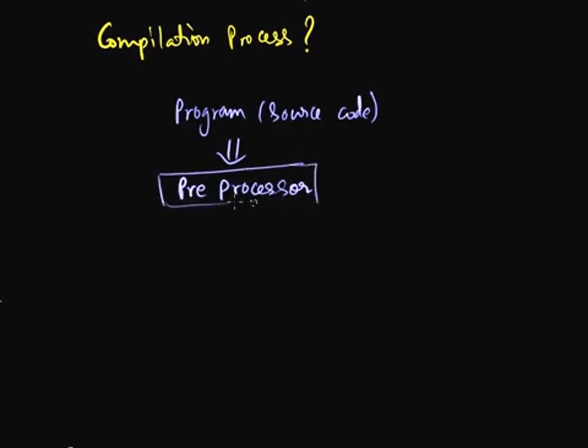Please notice that I am drawing system programs, or the programs which process our source code, in blocks. Right? Now the preprocessor outputs something called the expanded source code. It expands our source code. Now this expanded source code goes as input to the compiler.